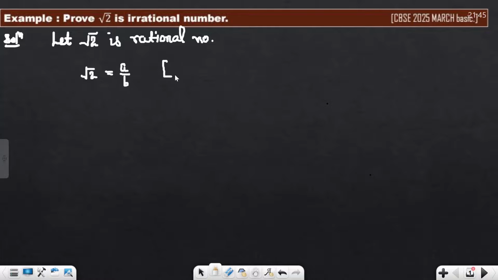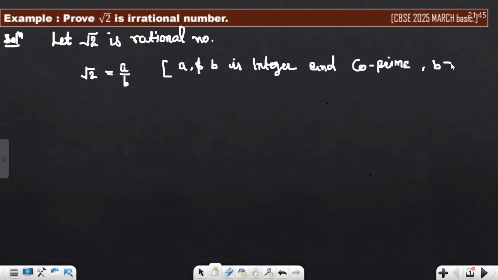Here a and b are integers and co-prime, and b is not equal to 0. First step, we let root 2 be a rational number. Second step, root 2 is equal to a by b.